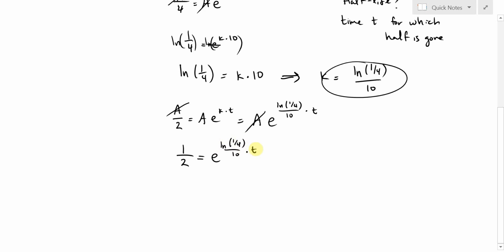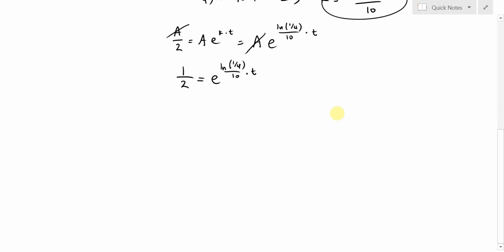Okay, now we have to be very delicate here because a lot of you guys, for whatever reason, are making basic algebra mistakes. So when we solve this, we want to get rid of this e, so we're going to take the ln of both sides again. And don't screw up what's going on here. The ln cancels with the e, but that's the only thing that cancels. It just means everything in this exponent comes out.